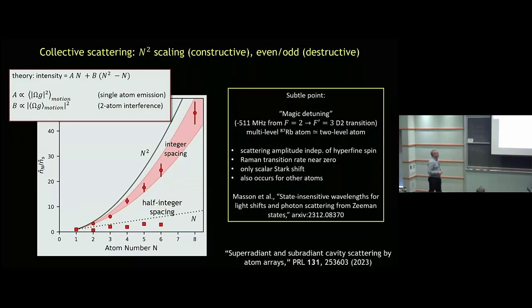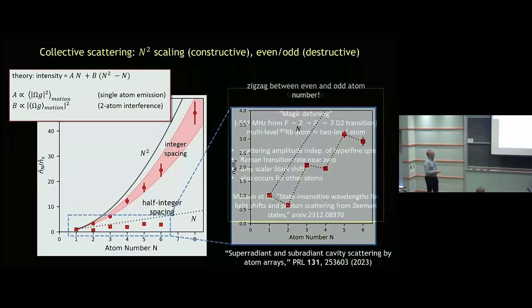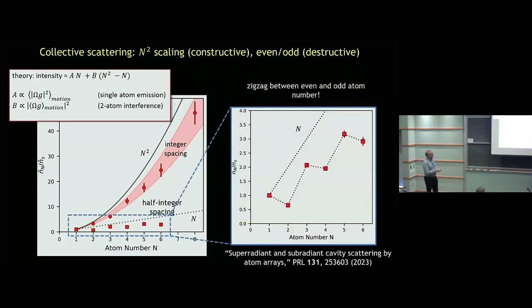So it's really convenient. I also really like these data down here where we spaced atoms by half-integer wavelengths. So again, let's go through the description. If I have 1 atom in the cavity, it scatters light. If I have 2 atoms spaced by a half-integer distance, they should scatter no light at all. And if now I add a 3rd atom, then the first 2 atoms have already canceled out each other's emission.